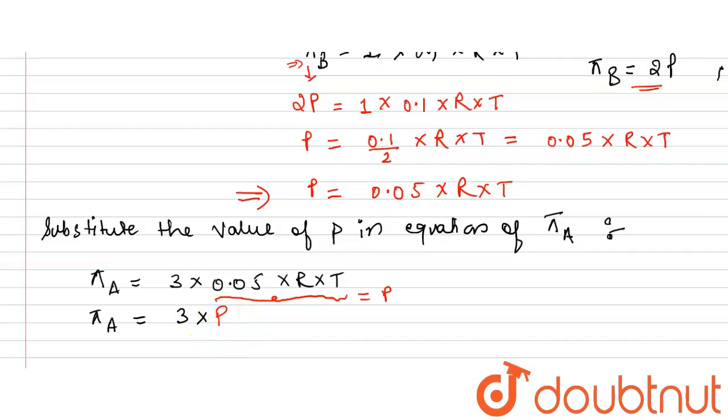So finally your answer will be pi of A is equal to 3 times p. This is the required answer.